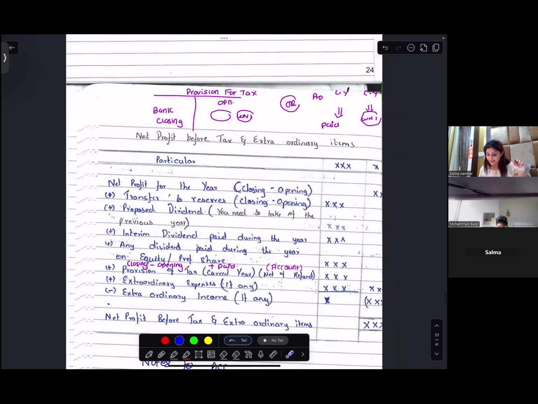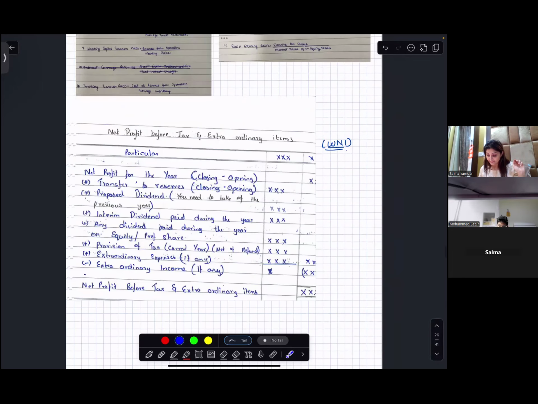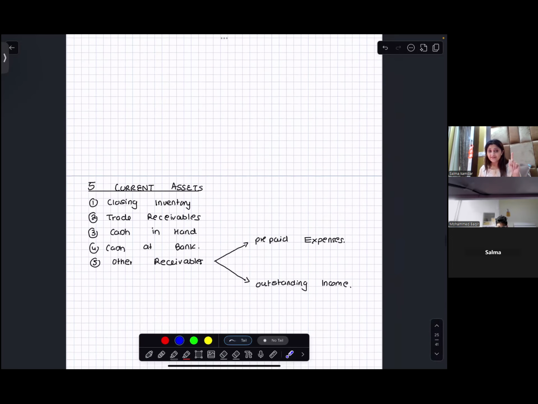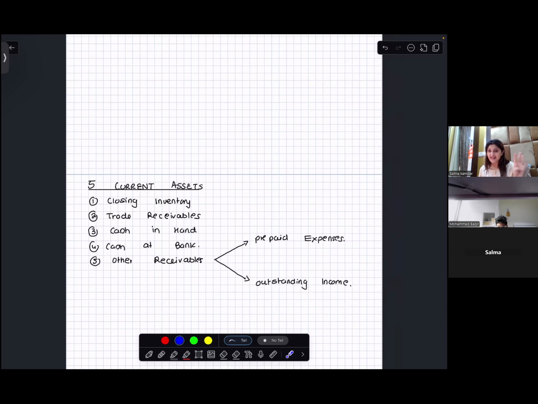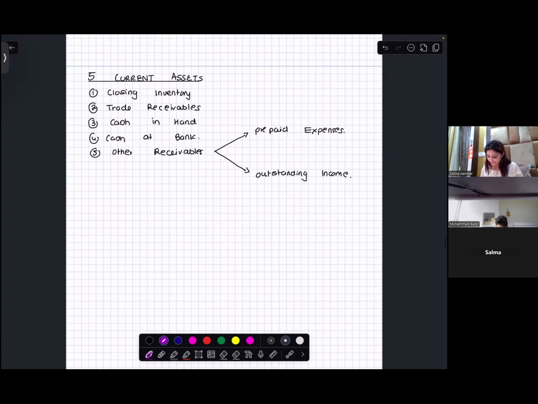What are your five current assets? Closing inventory, trade receivables, cash in hand, cash at bank, other receivables, prepaid expenses, and outstanding income. You should know these things by heart.